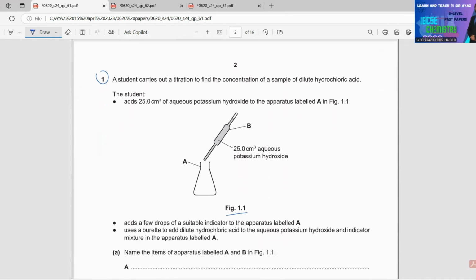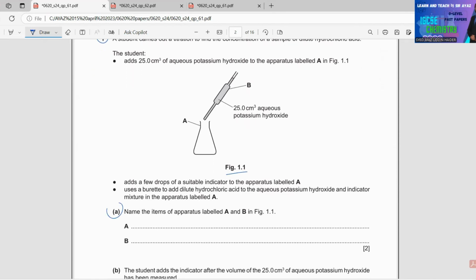You have two apparatus, apparatus A and apparatus B. Apparatus A is for 25 cm³ of aqueous potassium hydroxide, and B is a volumetric pipette.